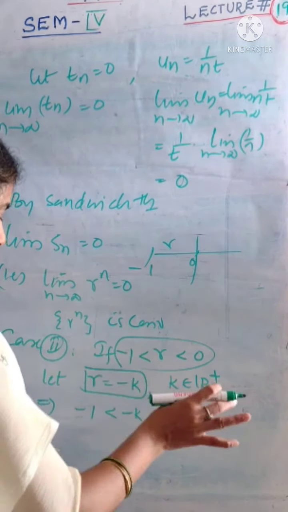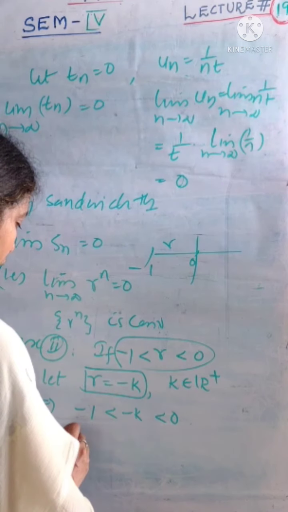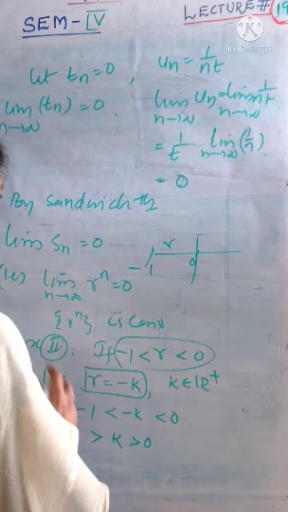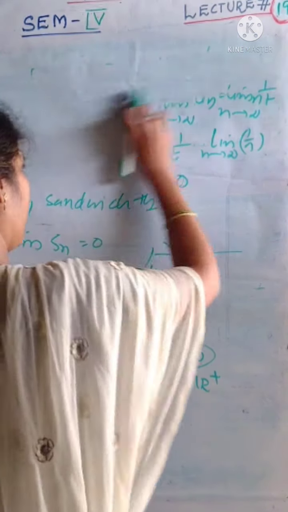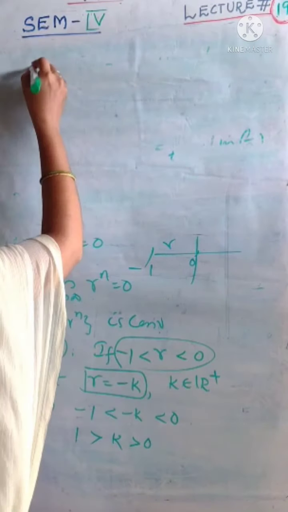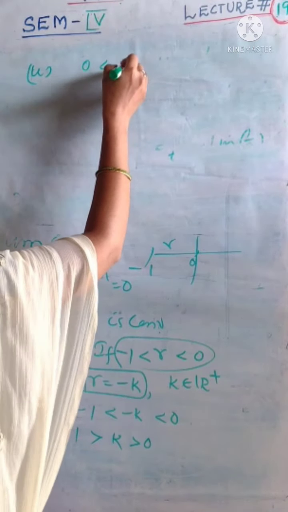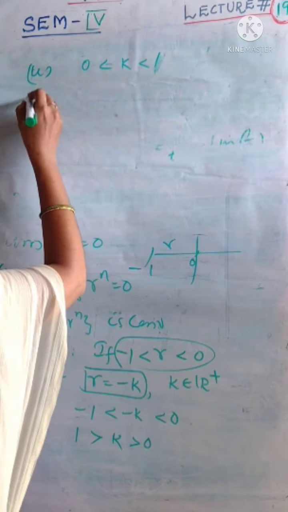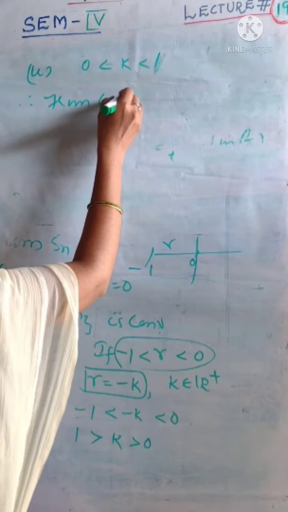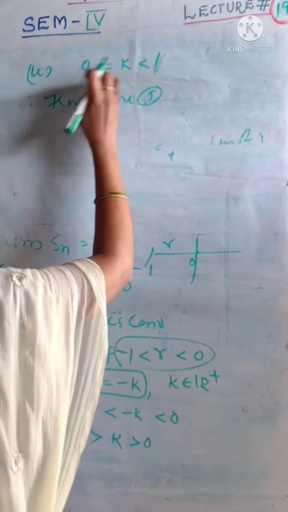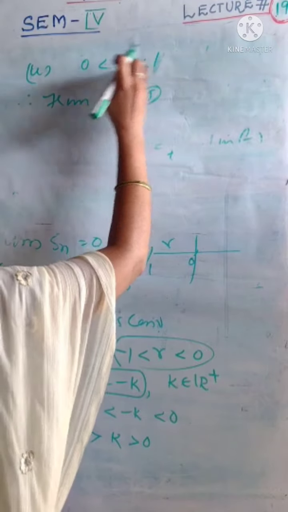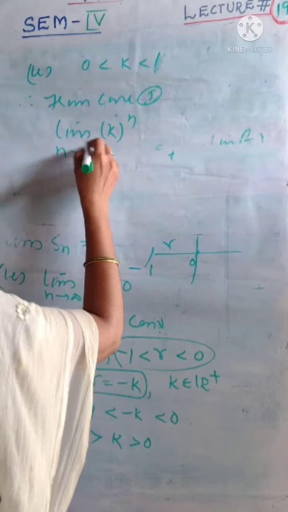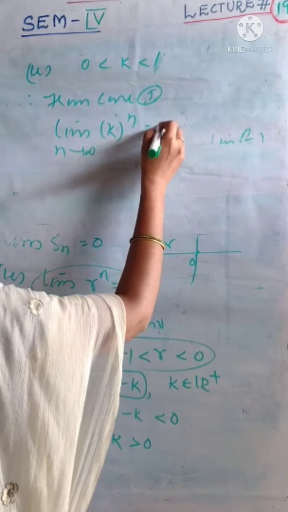Taking negative sign on both sides, we get the relation reversed. That is, 0 is less than k is less than 1. Therefore, by using case 1, whenever the value of any real number is in between 0 and 1, the limit of k power n when n tends to infinity, in this case, we proved that this value is 0.